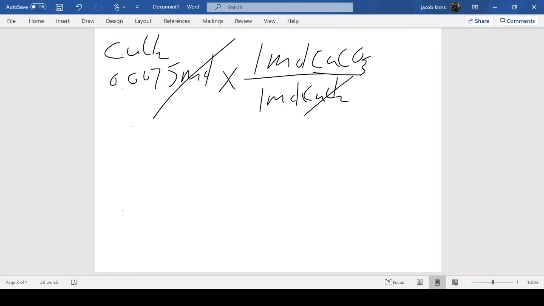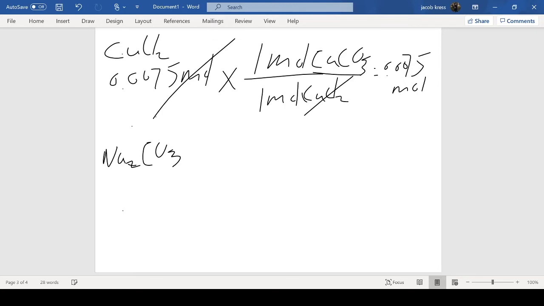0.0075 times 1 is going to equal 0.0075 moles. So now we're in moles of calcium carbonate. You guys can see in this case, because everything's 1 to 1 to 1, our mole conversion is going to be the same for the sodium carbonate.